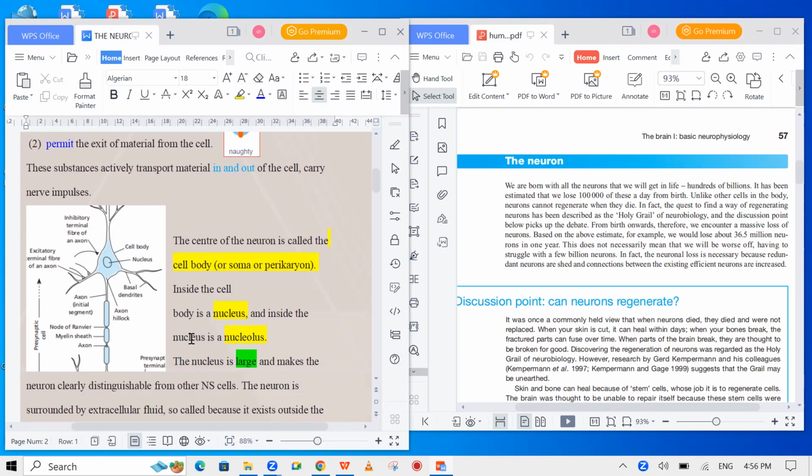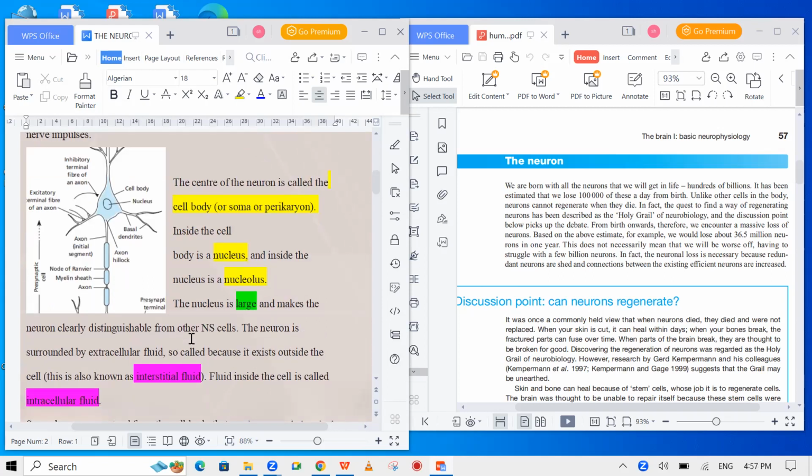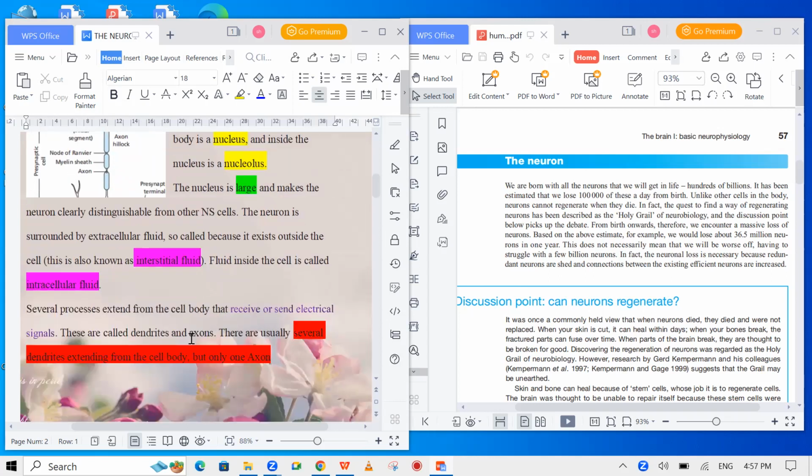The cell body of the neurons in the central nervous system has a large nucleus, compared to the neurons in the spinal cord and other parts of the brain. The neuron is surrounded by extracellular fluid, which is called the interstitial fluid, and the fluid inside the cell is called the intracellular fluid. So there are two kinds of fluid that surround the cell.